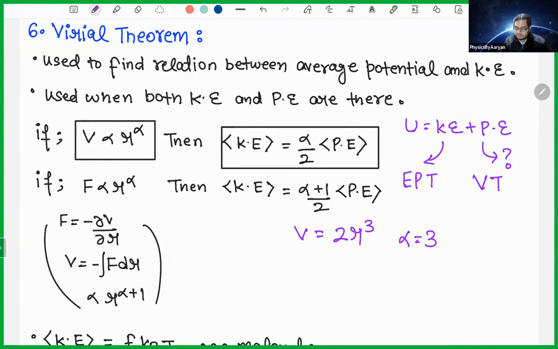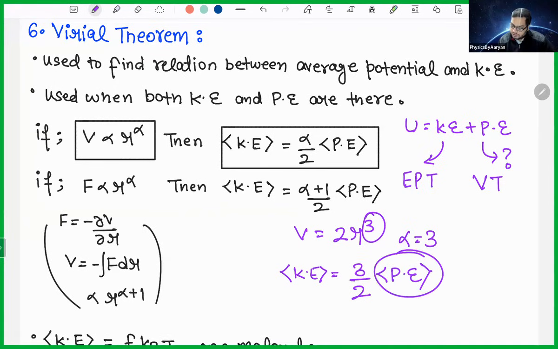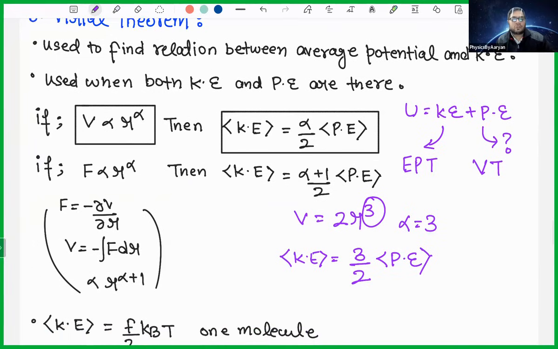Then average kinetic energy is given as alpha by 2 times average potential energy. I already know average kinetic energy using equipartition theorem, so I can easily find average potential energy. So this is my virial theorem: if V is proportional to r to power alpha, then average kinetic energy equals alpha by 2 times average potential energy.